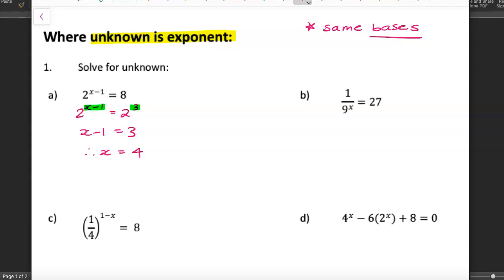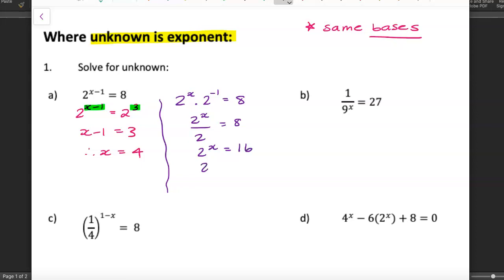There is another way we can consider solving this question, and that's by breaking down that left-hand side. So rather than having 2 to the power of x subtract 1, we can break that down using our index law, saying 2 to the x and 2 to the negative 1 equals 8. This means 2 to the x over 2 equals 8, which means we can undo the divide by 2 by timesing by 2 on each side, which gives us 2 to the power of x equals 16.